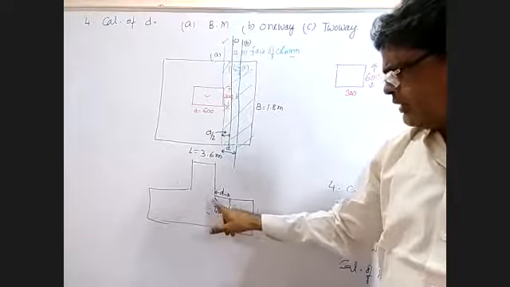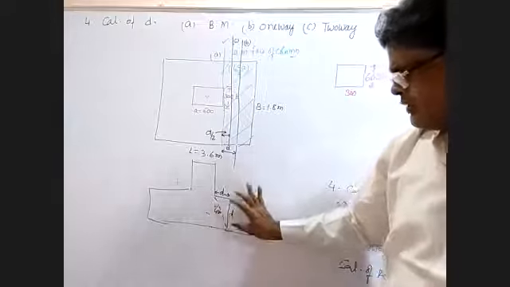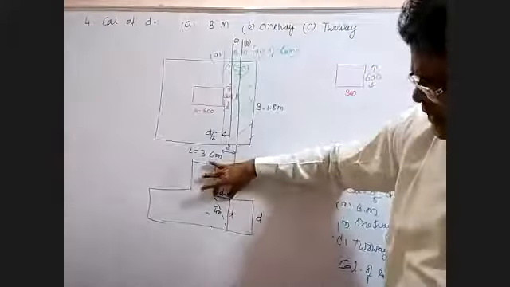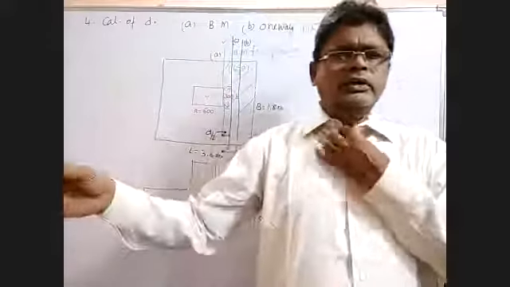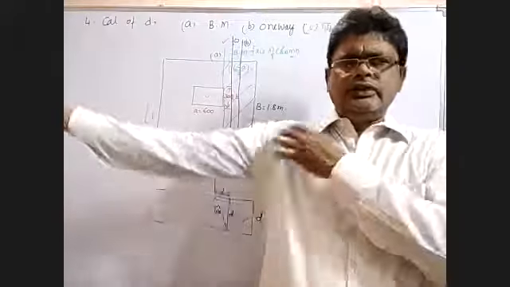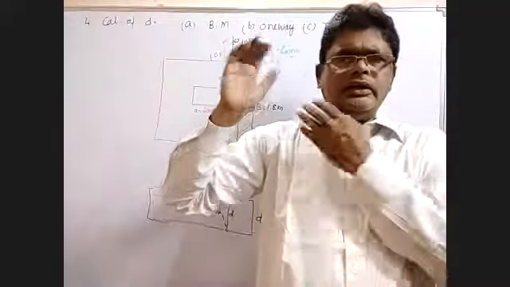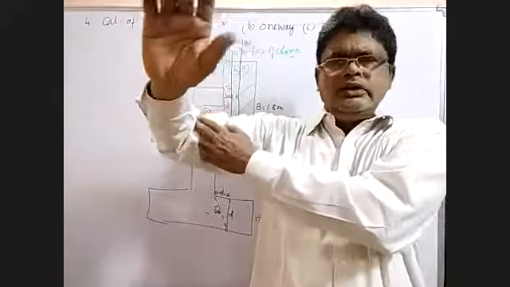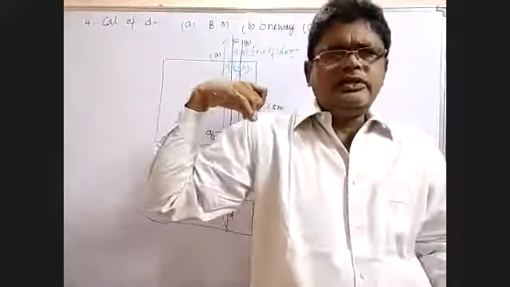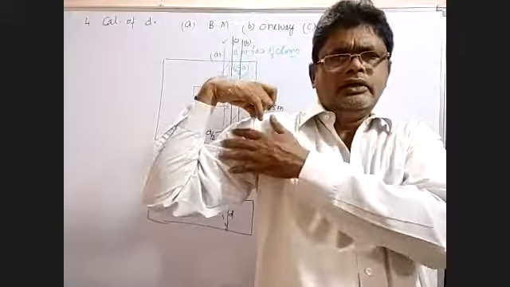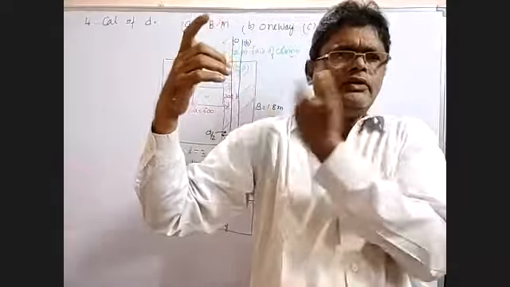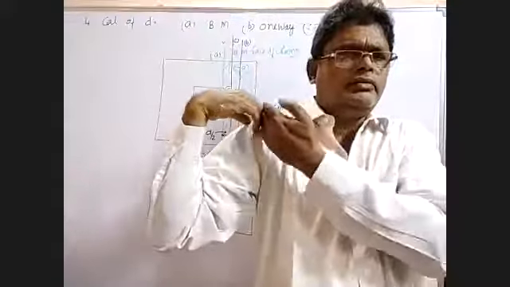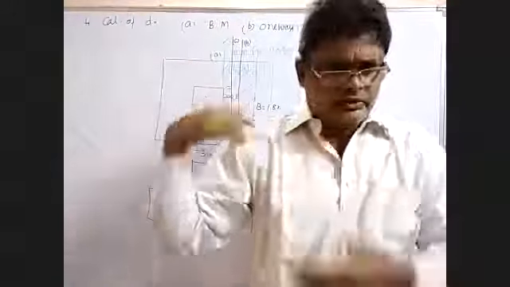The shear failure will take place at an angle of 45 degrees, so this is D, means this is also D. Now two-way shear will develop because of shear in both the directions. The one-way shear is at the elbow, and this hand joint is at a distance of D by 2 from the face of the column.